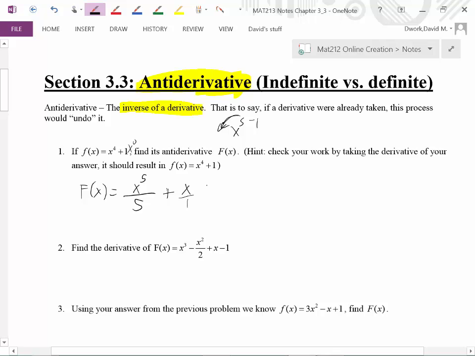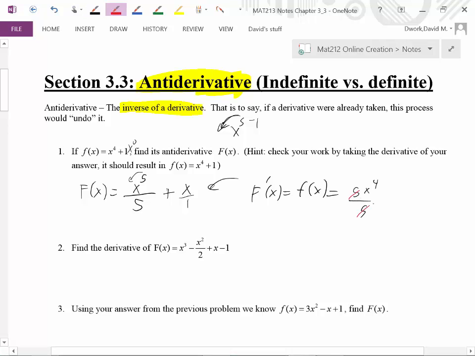And what we're going to see here is we can verify this by taking the derivative. If I do the derivative of this function, what is f prime of x? Remember the notation we covered, we can just change that to a lowercase f of x. Well, the derivative brings the 5 out to the front, which would make it 5 times x to the fourth divided by 5.